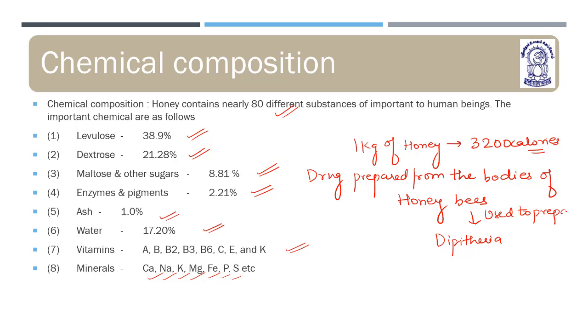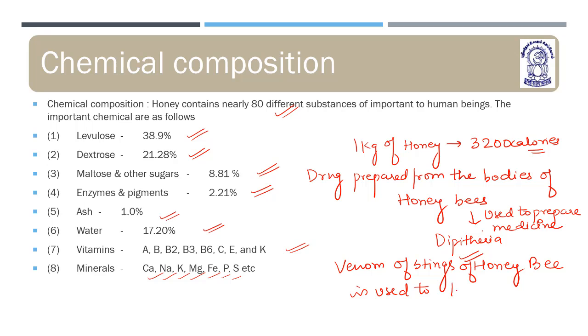The venom of stings of honeybee has been used in the treatment of RA, rheumatoid arthritis, and snake bite.